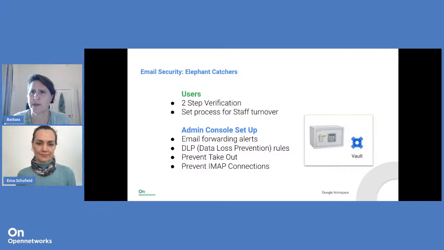And the last thing we just want to mention here around elephant catches is Vault. Again, whether you have Vault will depend on what license SKU you have. Vault is an email archiving and e-discovery tool and retains all your organization's emails in a separate repository, even if users delete their emails, whether it's done on purpose or by mistake.